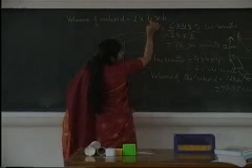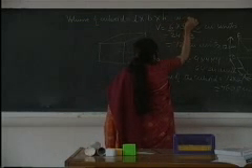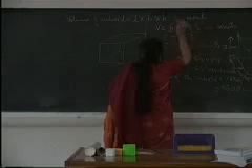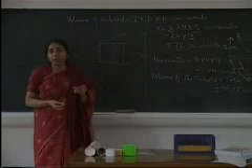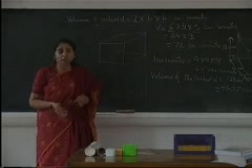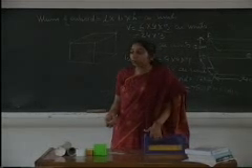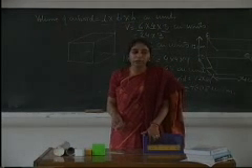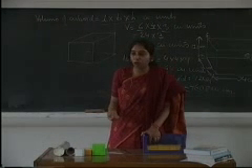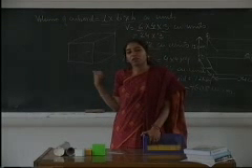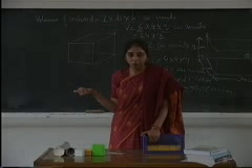So L into B into H cubic units. Making use of this formula, we can find the volume of any cuboid if the length, breadth and height are given. So making use of the unit cube, we can find the volume of a cuboid.